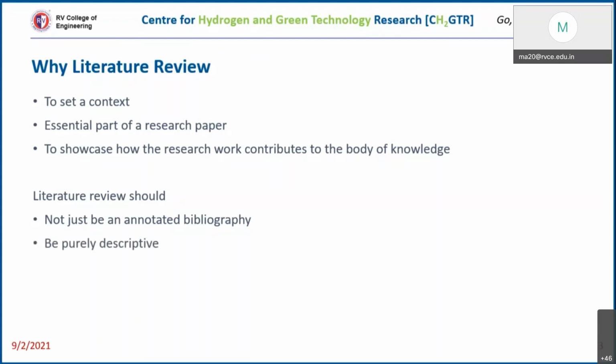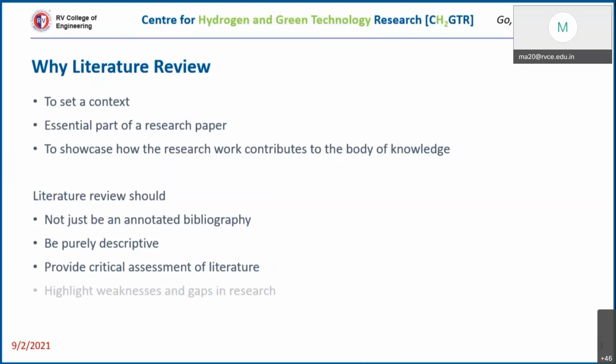An annotated bibliography is usually descriptive; it just narrates your findings. To call it a literature review, it should provide a critical assessment of the literature that you have found. After a thorough literature study, while summarizing it, you should critically assess the information that you have collected.